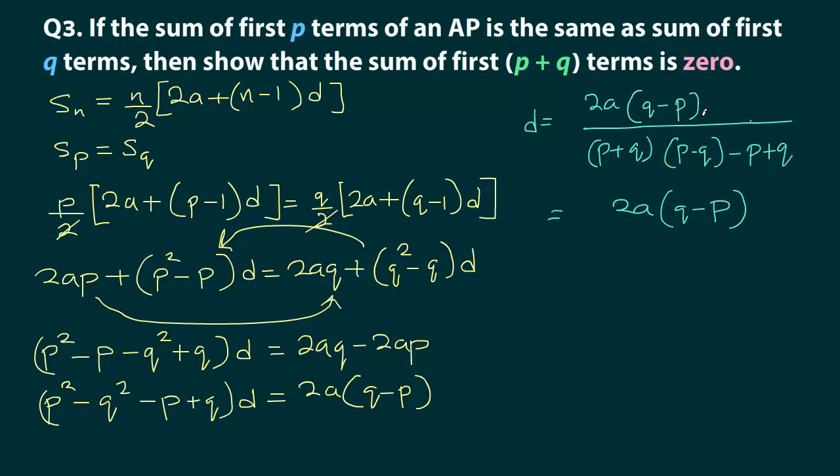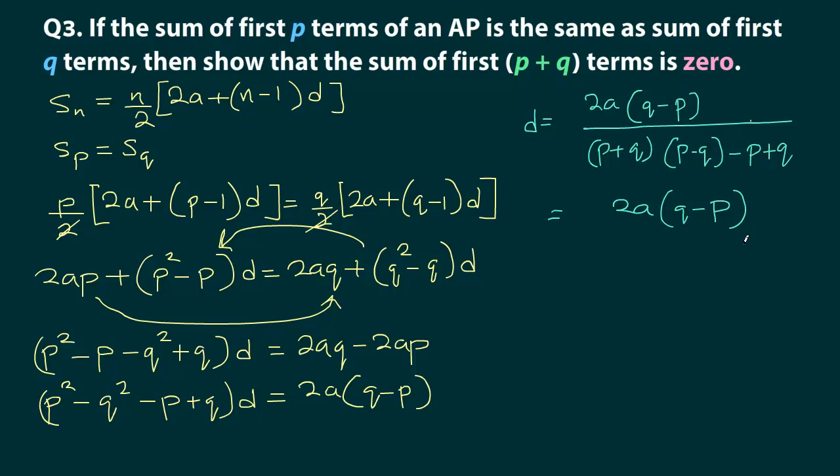At this point you have to recognize there are too many terms in the numerator and denominator that have q minus p or p minus q. So let's see if we can make the denominator a factor and cancel this part out. It seems like we should be able to.